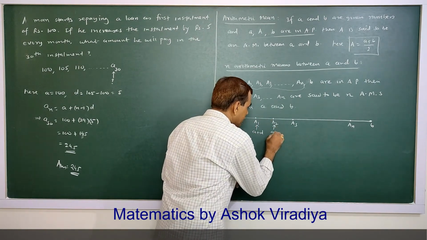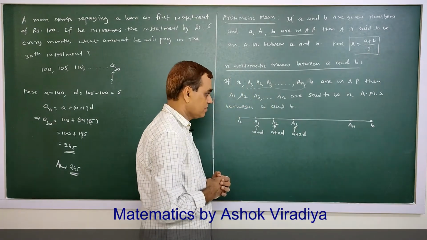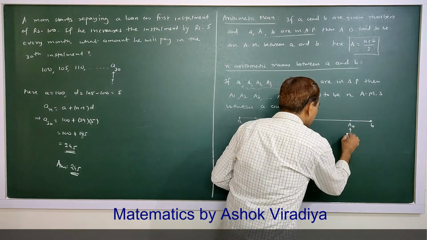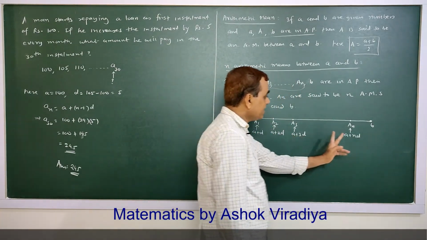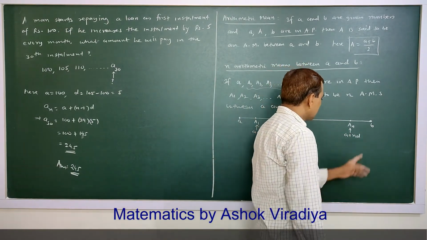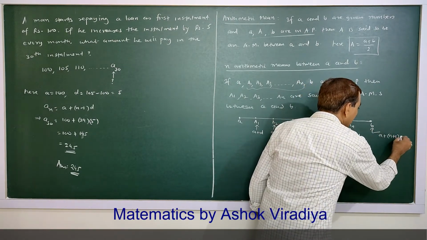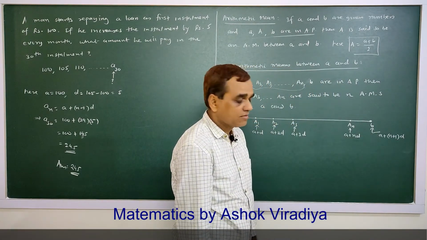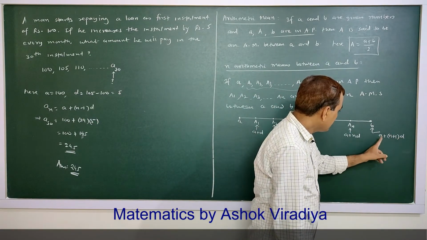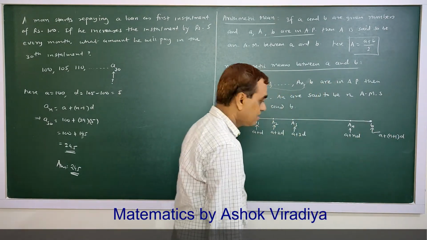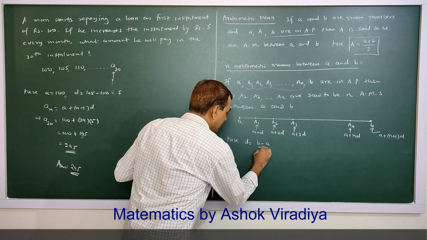So this will be A plus 2D, this will be A plus 3D, here this will be A plus ND, and B will be A plus n plus 1 into D. And now you can see that D can be obtained as B minus A upon n plus 1. So here D is B minus A upon n plus 1.